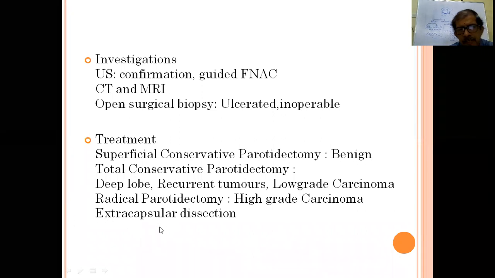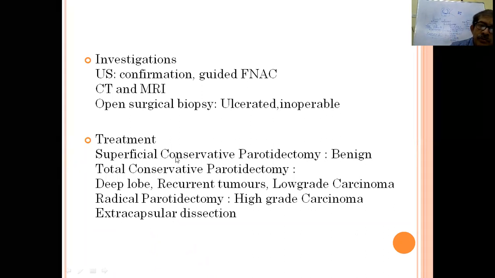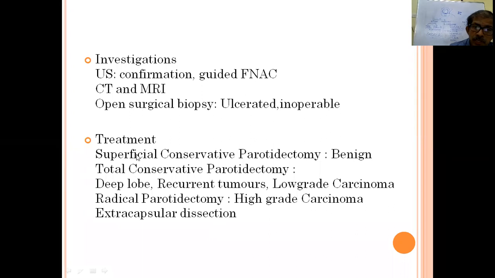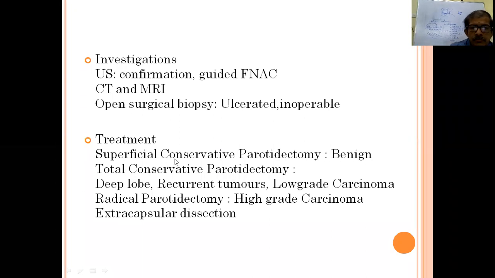I will tell you later what that complication is. So this is the newer one. Instead of superficial conservative parotidectomy, you can do extracapsular dissection of the benign tumor only. This is for only benign tumor in place of superficial conservative. More than that, I don't think you need. Okay.